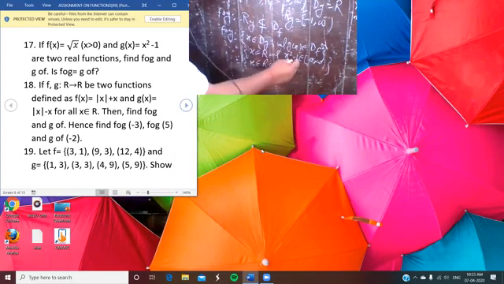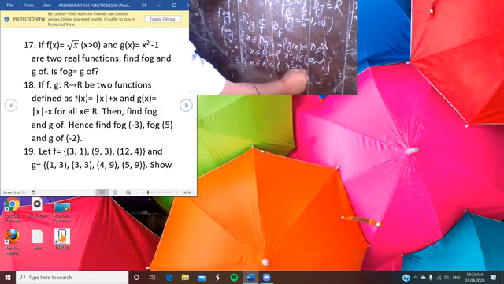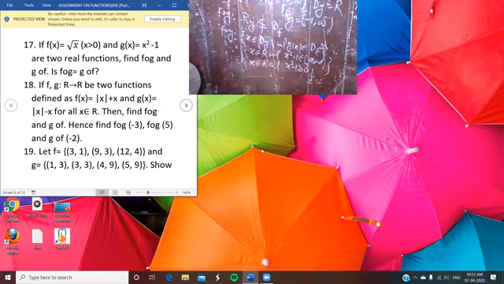So you can write x belongs to R, and x square minus 1 is greater than or equal to 0. Either this value is 0 or it is greater than 0. You know how to solve this type of inequality.